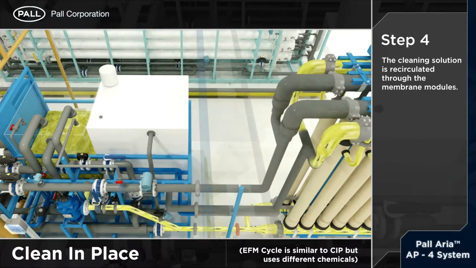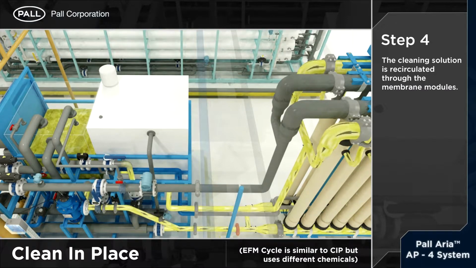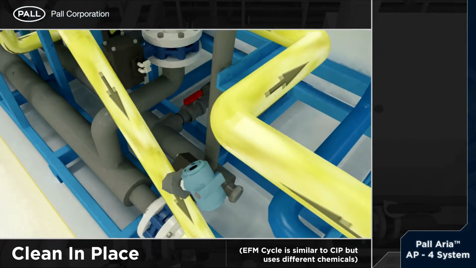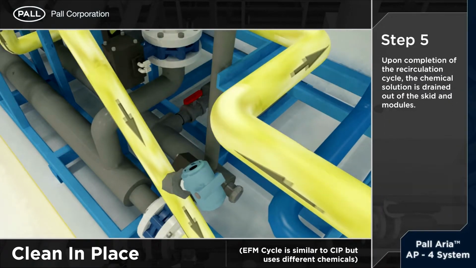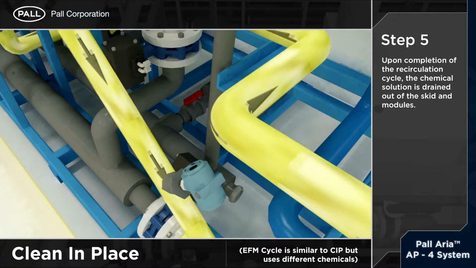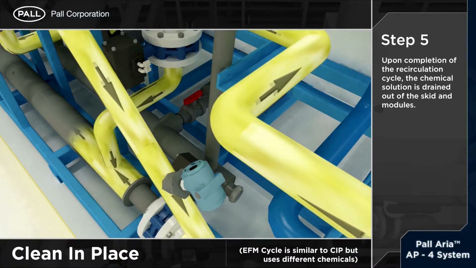The cleaning solution is recirculated through the membrane modules. Upon completion of the recirculation cycle, the chemical solution is drained out of the skid and modules.